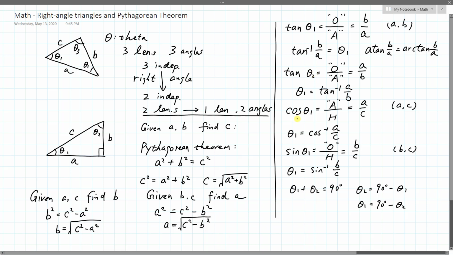Then you can use cosine or sine functions depending on what was given. But what you can always do is, even if you're not given A and B, say you're given A and C, you can find B and still use tangent if you prefer that way. That works too. Same thing over here. If you're given B and C, and you found A, now you have A and B, and you can go ahead and use A and B and arctangent to find the angle.